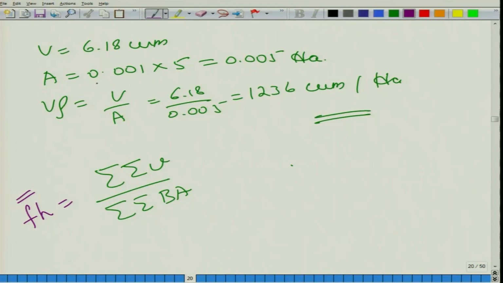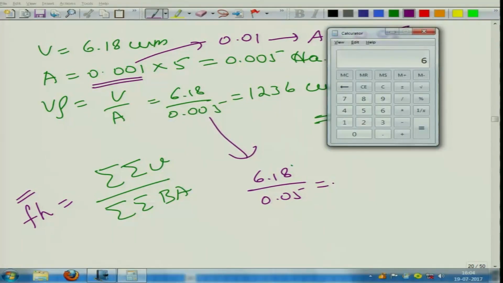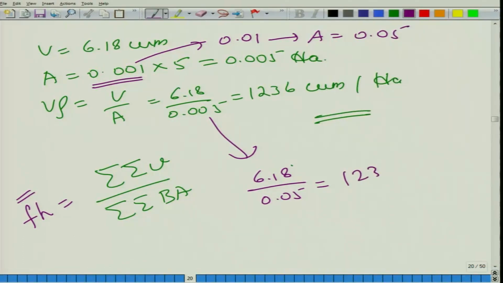Now, remember that in the previous question we had computed the same thing. Here we had the area of a sample plot as 0.001. If we use the value of this question, 0.01, then the area is equal to 0.05, and the volume figure is 6.818 by 0.05, that will be 123.6.